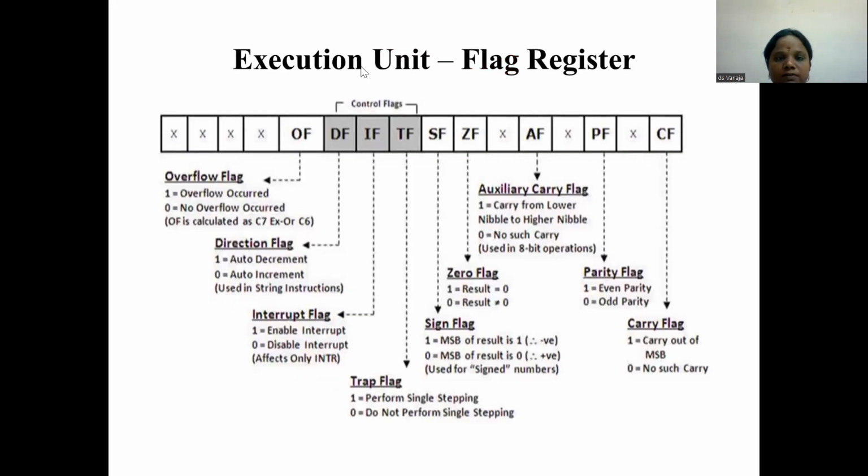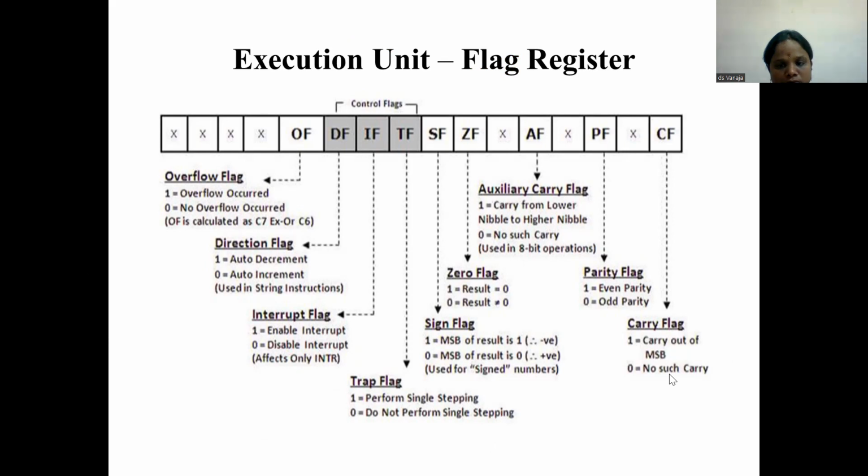So, if you are seeing the overall action of our flags, out of the 16 flags, we have only 9 definable flags. The first one is carry flag. When the MSB bit is 1, then it is set to 1.